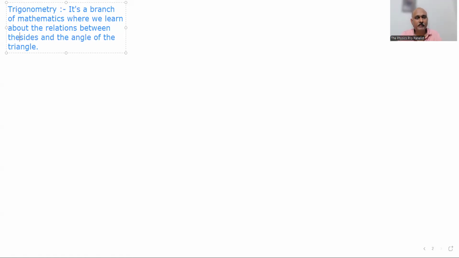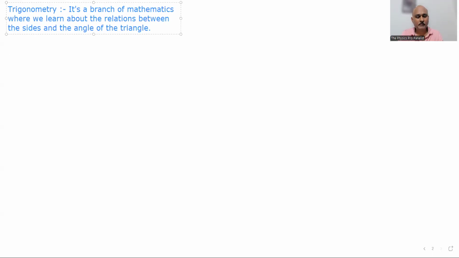So this is what trigonometry is. It's a branch of mathematics where we learn about the relations between the sides and the angles of triangles. All of you are aware about a triangle, yes or no? Its sides and angles. So we will try to establish some relation between the sides and angles of the triangle.